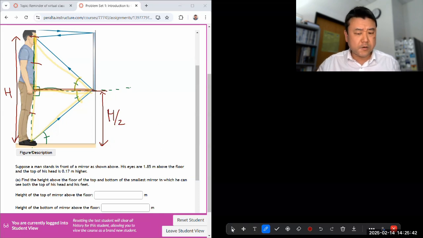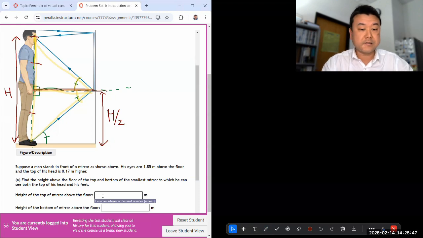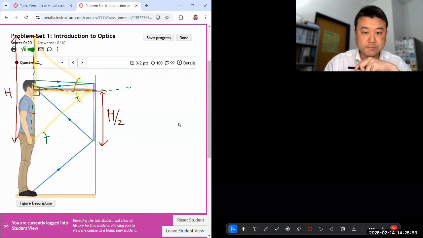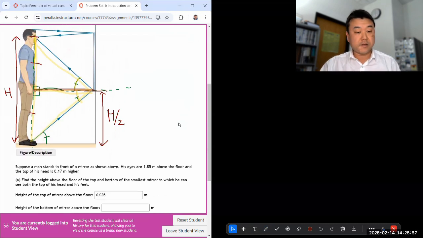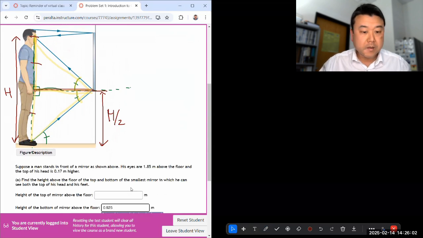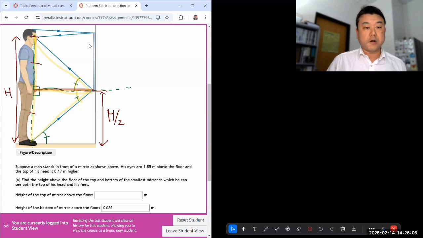And some of you could have just stared at this for a while and then figured out, oh, yeah, that's half that. So you might have just intuitively figured it out. Okay, great, wait, that's not the top. It's the bottom. So for the top, you need to think through a little bit more.